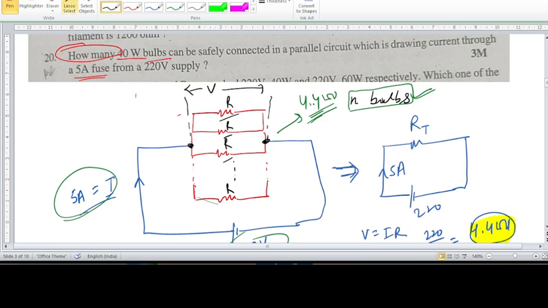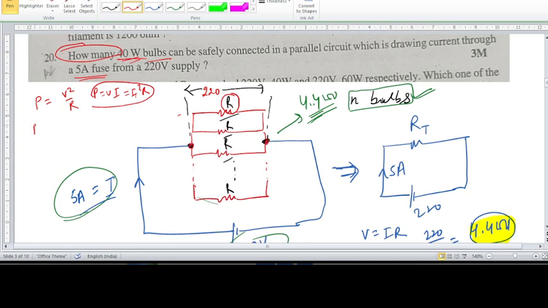Here the voltage is 220, so every resistance is getting 220 volt, and it has a value R and a power of 40. We know that power is equal to V square by R. This is one of the formulas. Power is also VI, and power is also I square R. I will not be using those formulas. Why? Because I don't have I, but I have this voltage, 220 volt, because in parallel combination every resistance gets 220 volt.